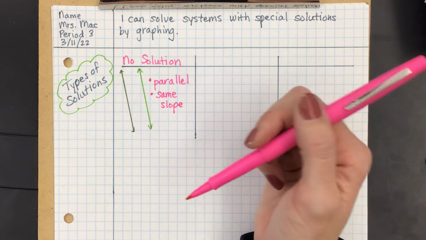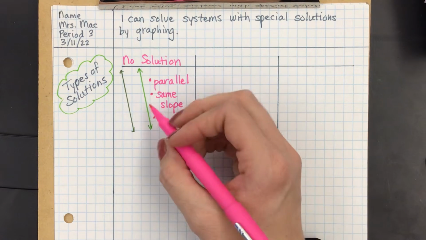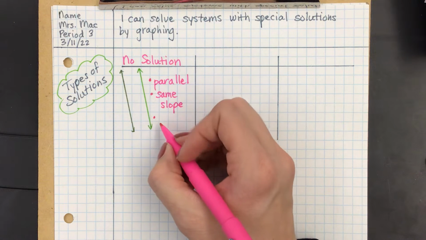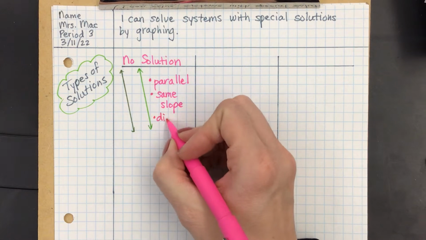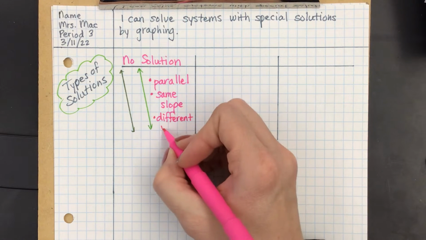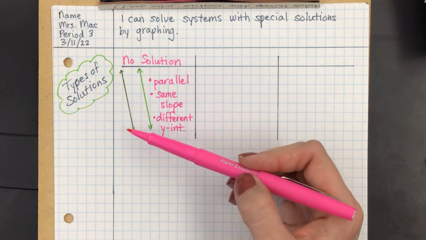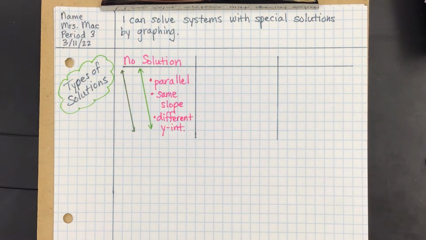That's what makes them parallel. And the other characteristic of a system like this is that they have different y-intercepts, which makes sense because they're going to cross the y-axis at different points.